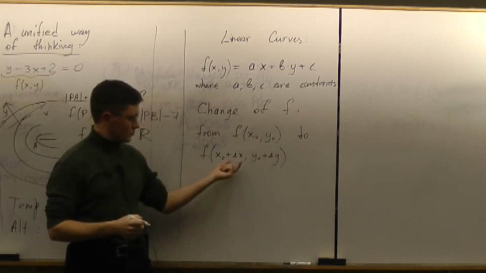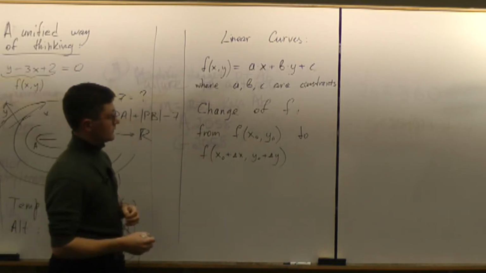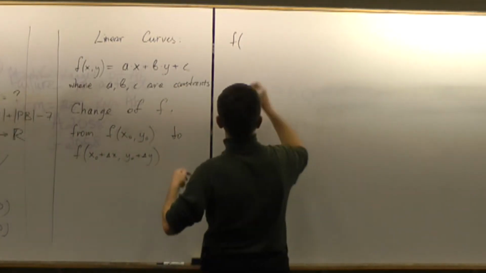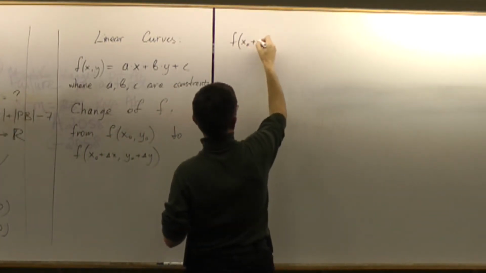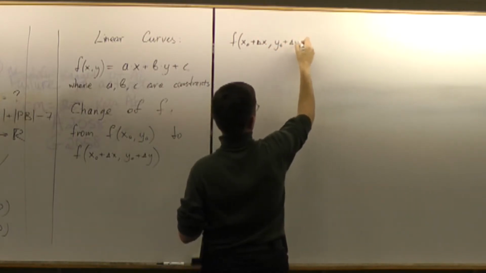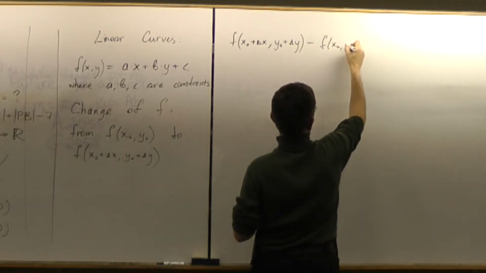And we need to change x by some value delta x, change y by delta y. And, well, what is that? Well, that's simply a difference, right? f of x0 plus delta x, y0 plus delta y, minus f of x0, y0.